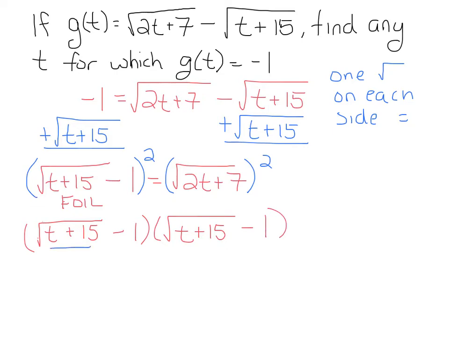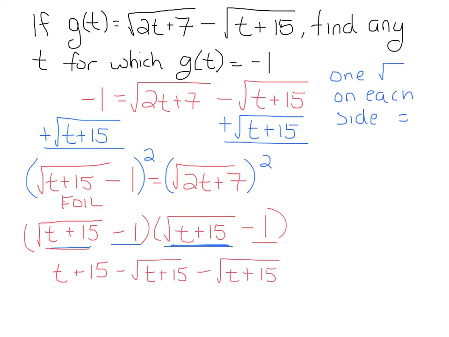We would have the first, since we're multiplying the square root of t plus 15 times the square root of t plus 15, we would have just t plus 15. The outer, the inner, and the last.